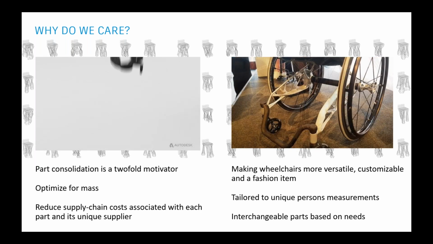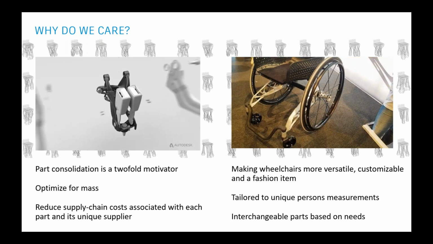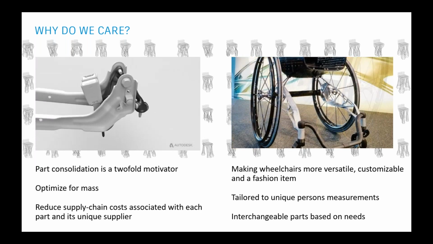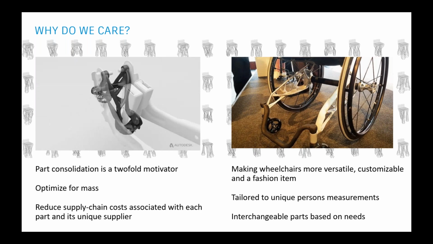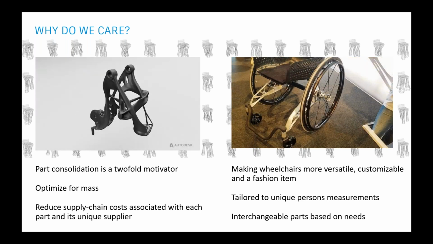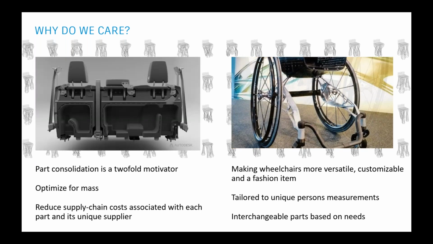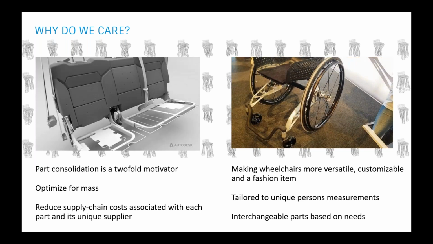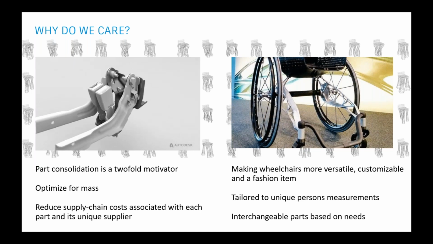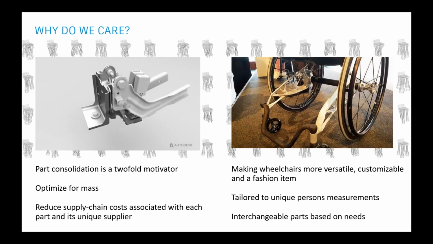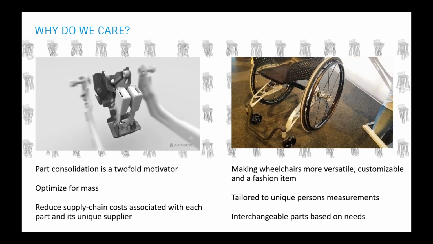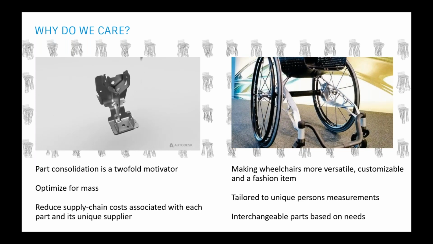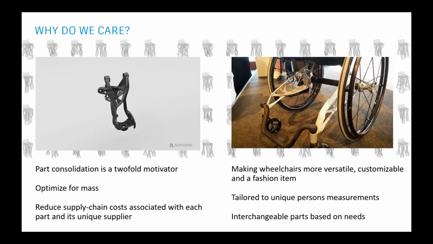A couple of the benefits there: we are able to tailor it to each person's measurements. So perhaps this person first approaches the company when they are younger, and then as they grow up into adulthood, the components could be swapped out and tailored towards that person's measurements, and also interchangeable based on their needs.